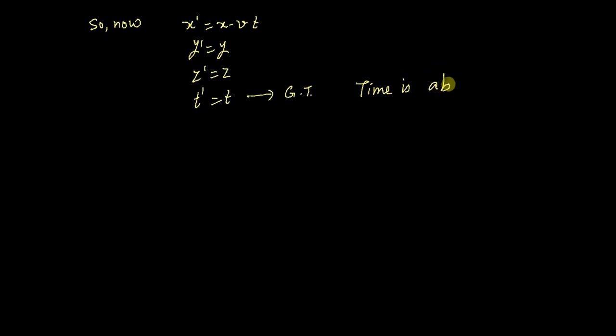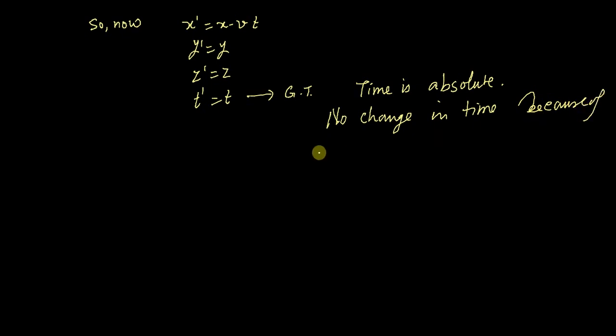Time is absolute. There is no change in time, right, up to Galileo. So there is no change in time because of the relative motion.